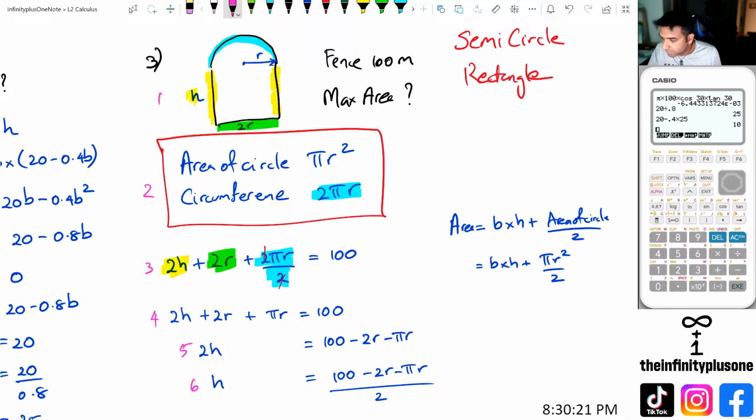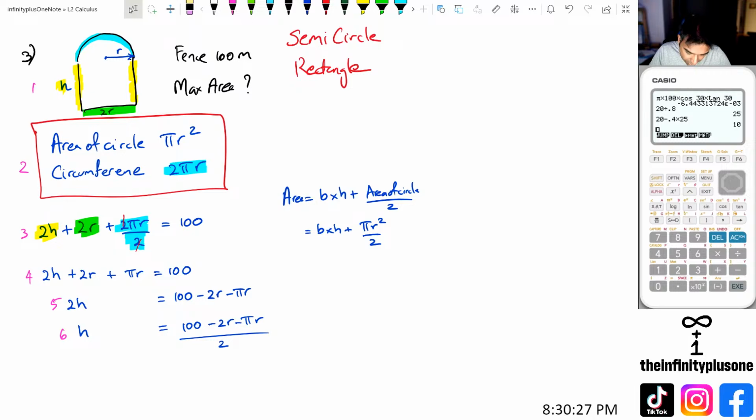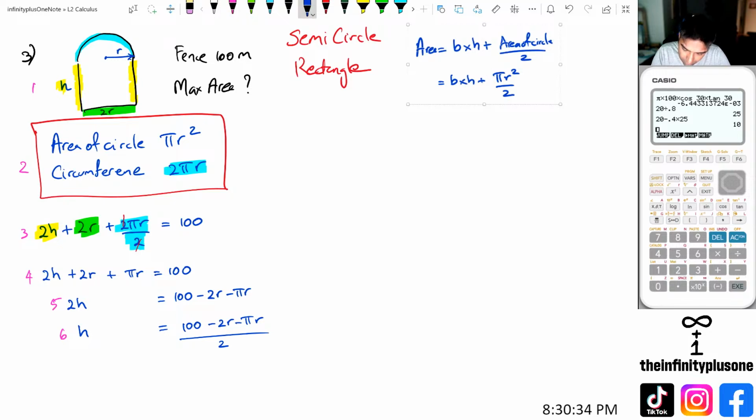Okay, so the next part is this. Now what we need to do is the area part. Our base of this rectangle is going to be 2r.